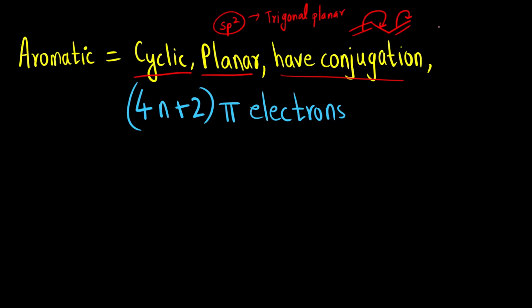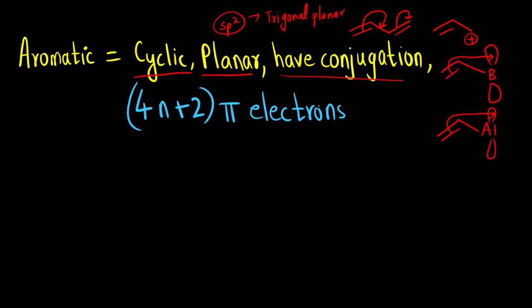Either it can be double bonds, or a carbocation, or an atom that has a vacant p orbital like boron or aluminium, so that pi electrons can be donated into the vacant p orbital of these atoms. This is the meaning of having conjugation.